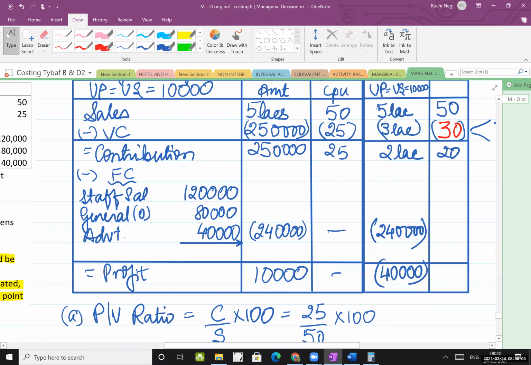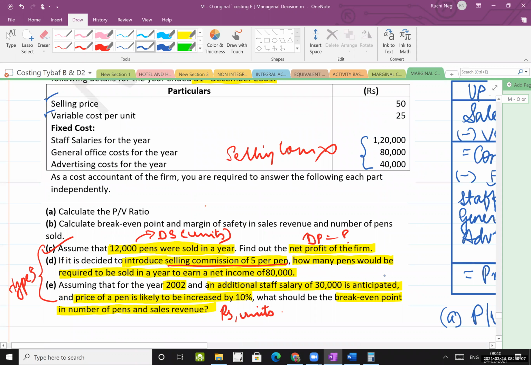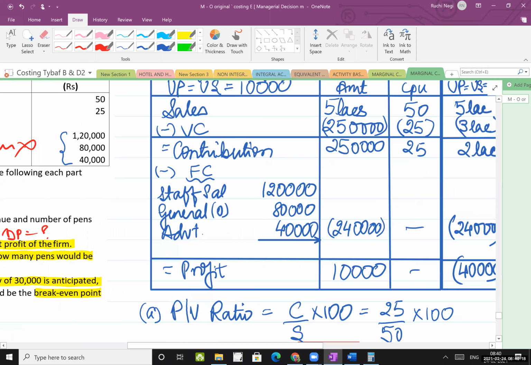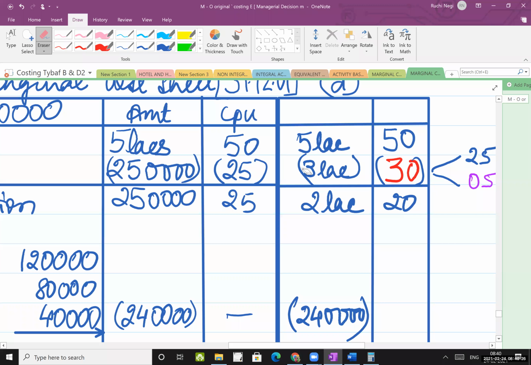ओके. क्या पूछा है इसमें? How many pens would be required to be sold to earn a net income of 80,000? Okay fine. So they have told you to make the changes. They want you to find this. So I cannot assume this to be same. That means all these things will change.